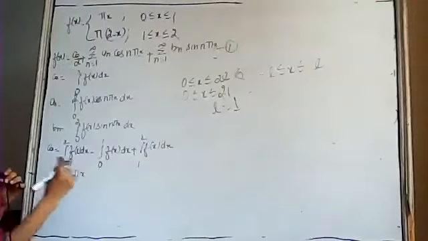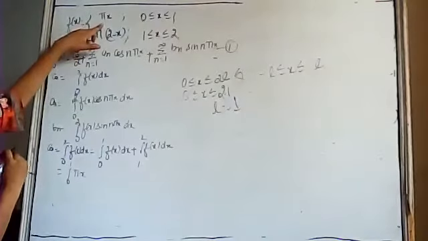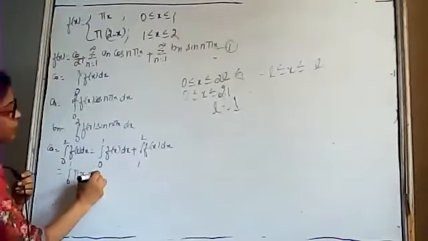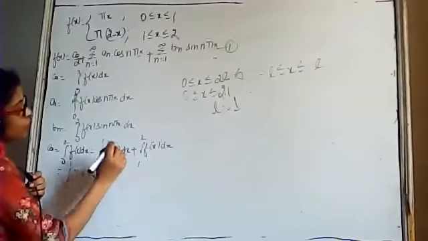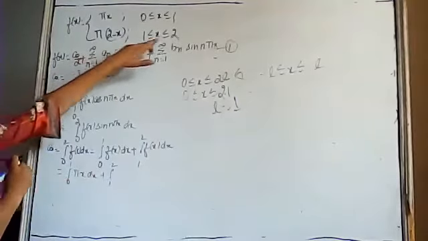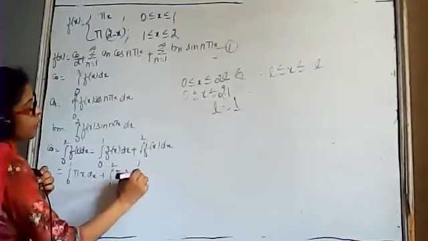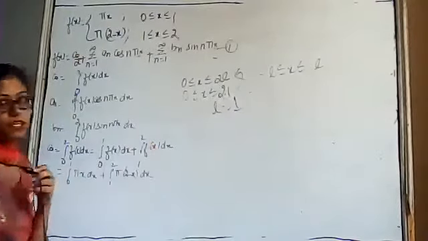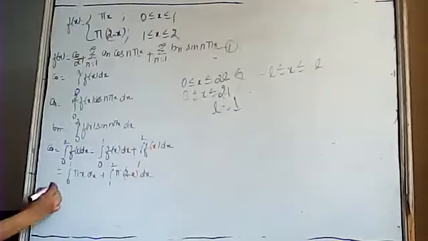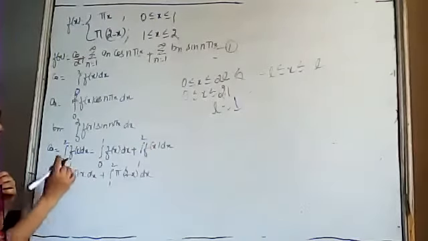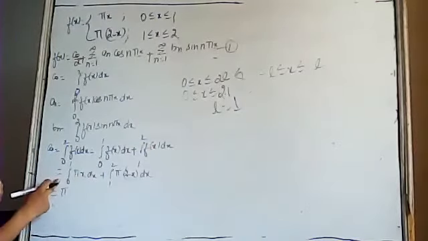In the interval 0 to 1, the value of f(x) is pi x, and dx will remain as it is, plus the integral from 1 to 2. In the interval 1 to 2, the value of the function is pi into (2 minus x) dx. So this equals pi, which is a constant and can be taken outside the integral sign.